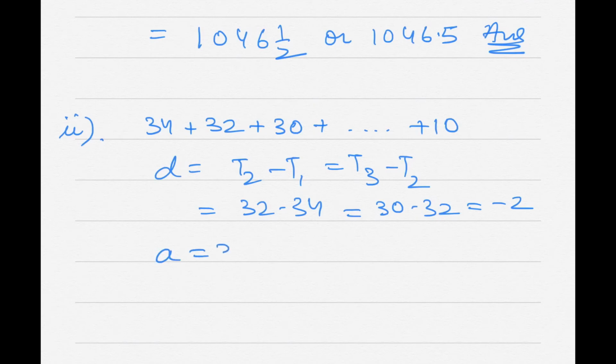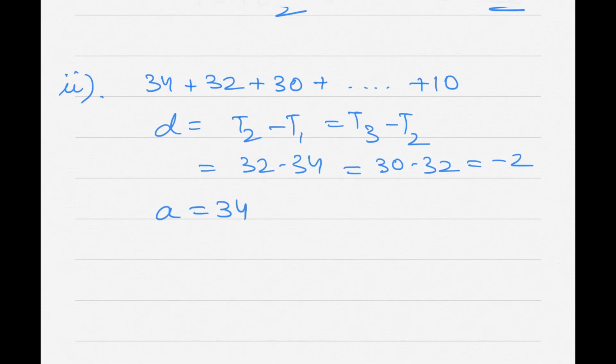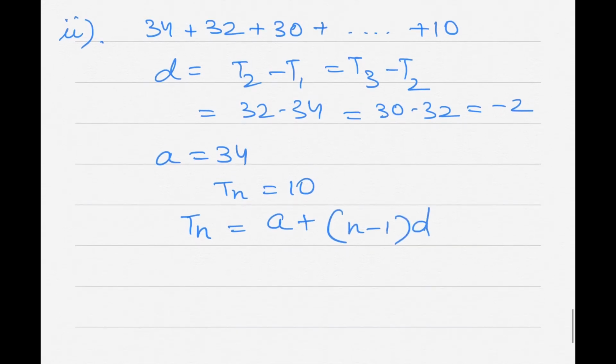So now my a is equal to 34 and I have found d. Now I need to know n to find the sum. So again the Tn formula, because I have been given Tn as 10, the last term. So Tn is equal to a plus n minus 1 into d.